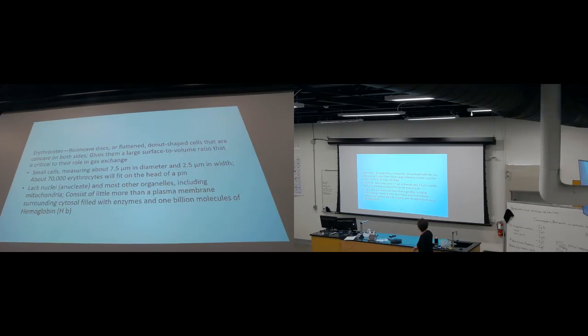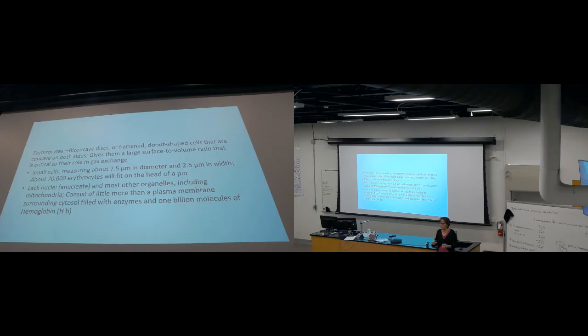So now let's look at erythrocytes. Erythrocytes are cells of, of course, the blood. It's the most abundant type of cell. They have a biconcave disc shape. That means it has two concavities, or two kind of semi-curvatures going internally, or they can be flattened. That shape specifically gives them a large surface to volume ratio.